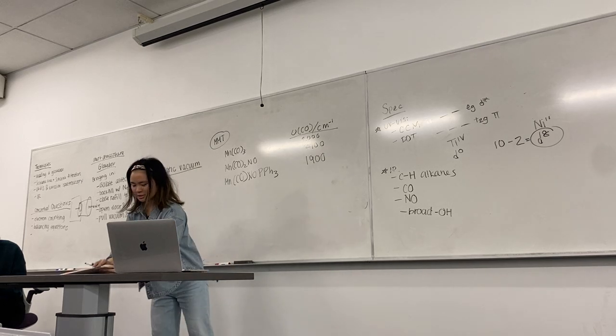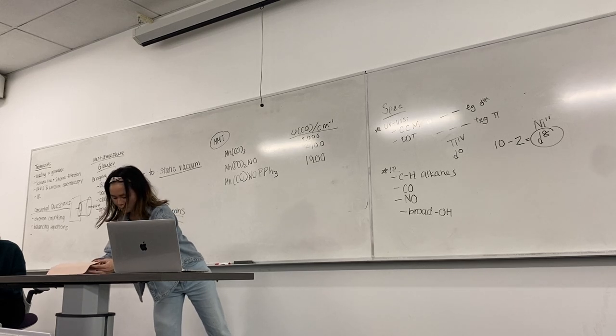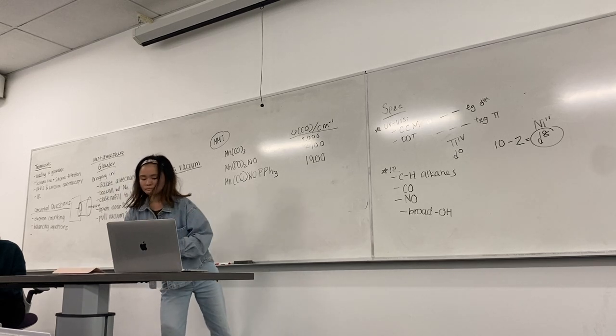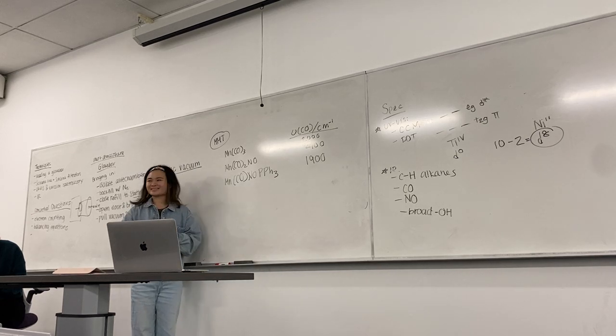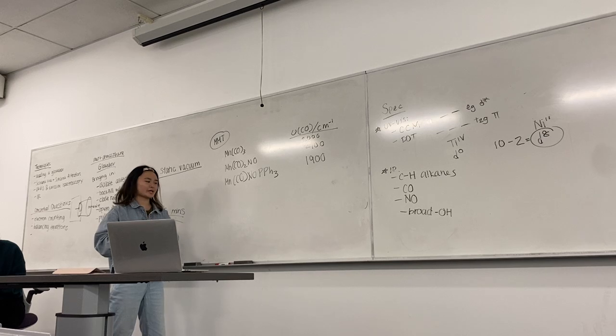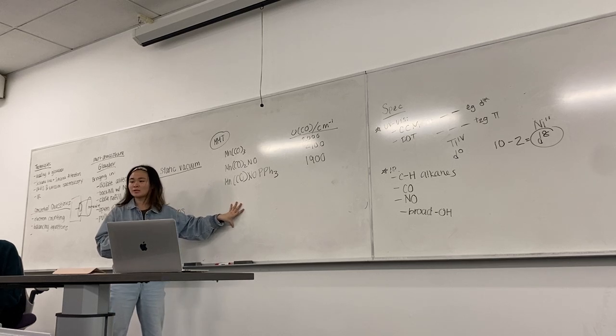Okay. This is going to be our last one for today, because we're almost out of time. So MMT, everybody's favorite. The biggest thing in MMT is to understand that we analyze the carbonyl stretching frequencies.